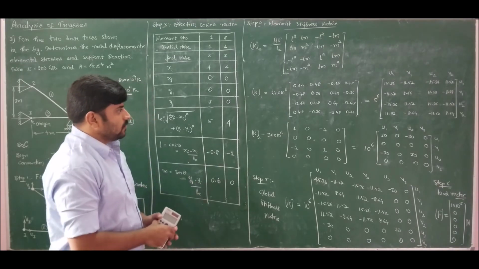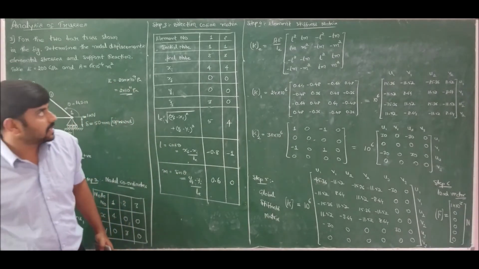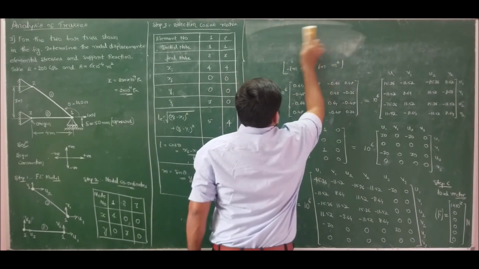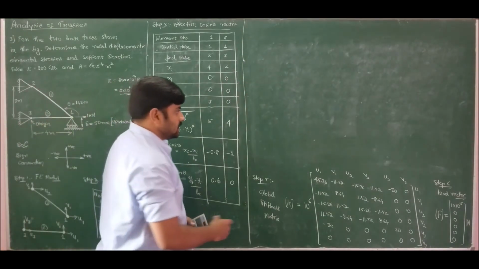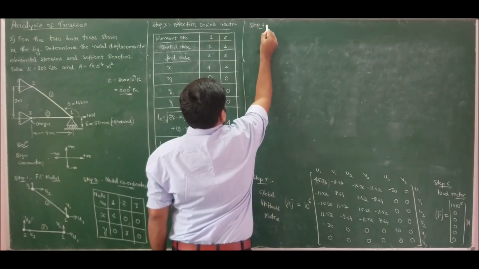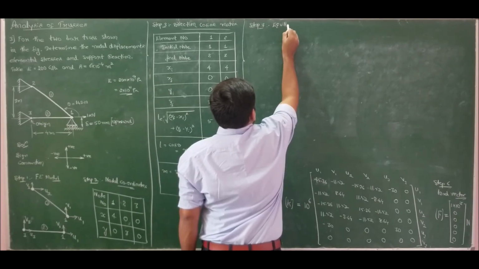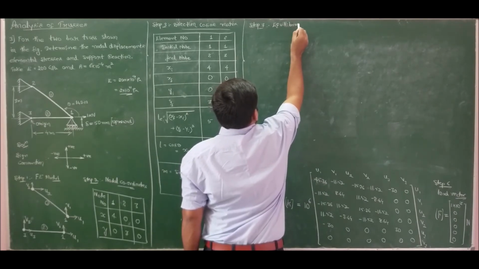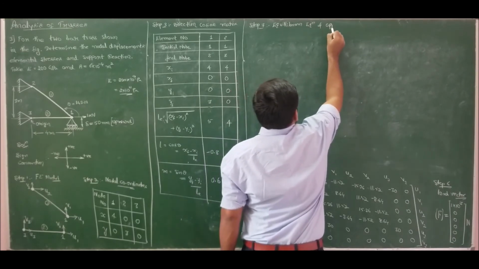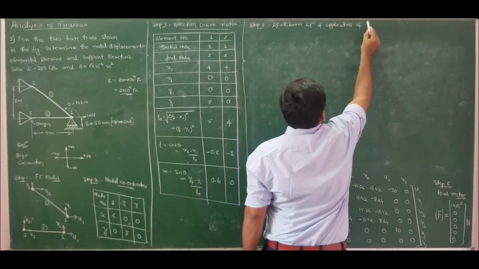So with this, let us move for step number 7, that is equilibrium equation and application of boundary condition.